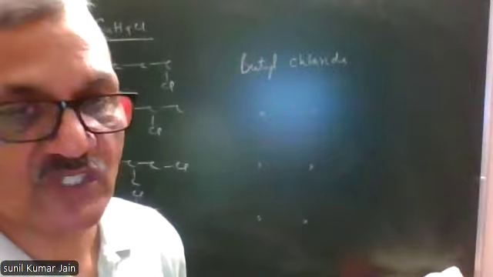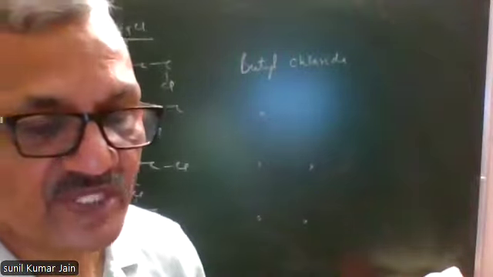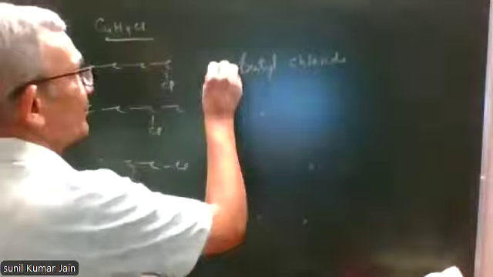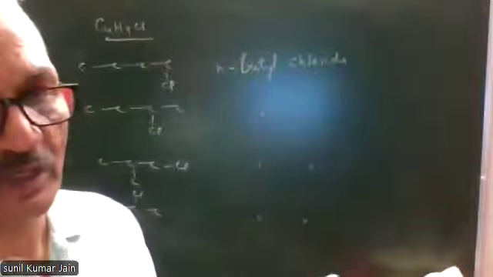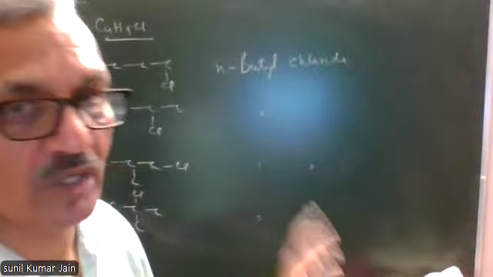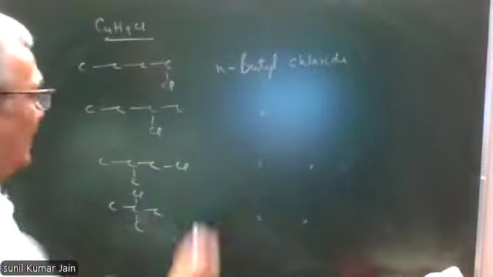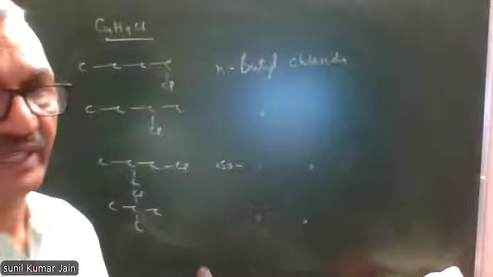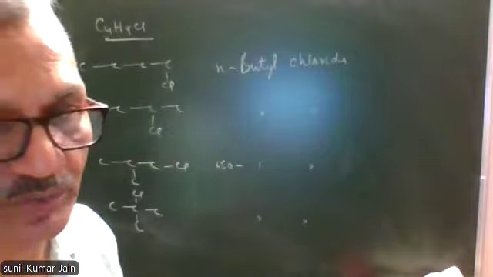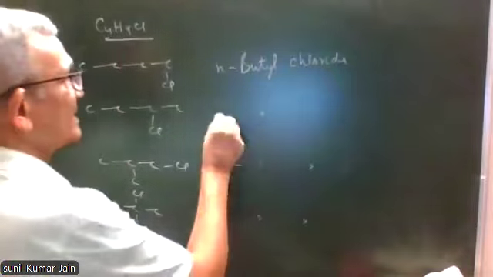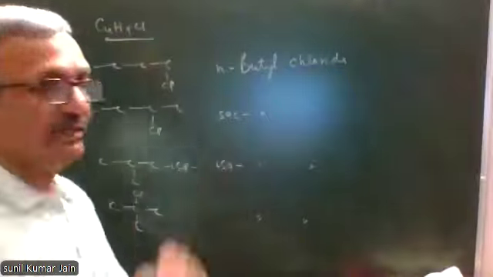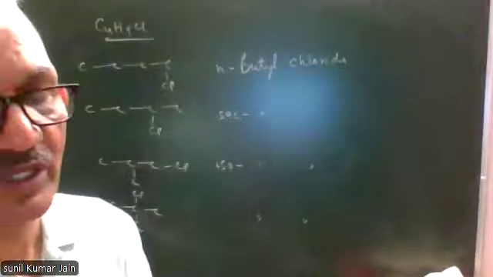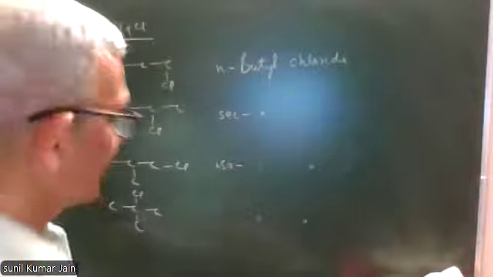Now we'll use prefixes for them. First isomer is normal. I told you about normal, very easy. This is normal butyl chloride. This is isobutyl chloride. I told you about iso also. This is secondary butyl chloride because halogen is bonded to a secondary carbon atom.